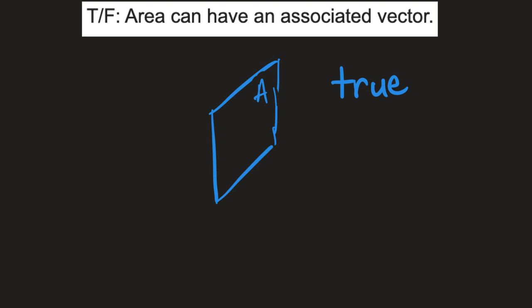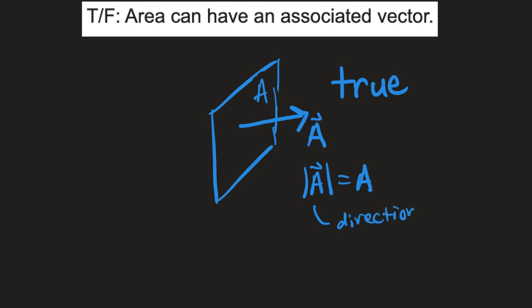So the vector is the area vector, which is denoted A with a little arrow over it, and the magnitude of A is equal to how much area there is right there, and the direction of it, this direction, is perpendicular to the surface.